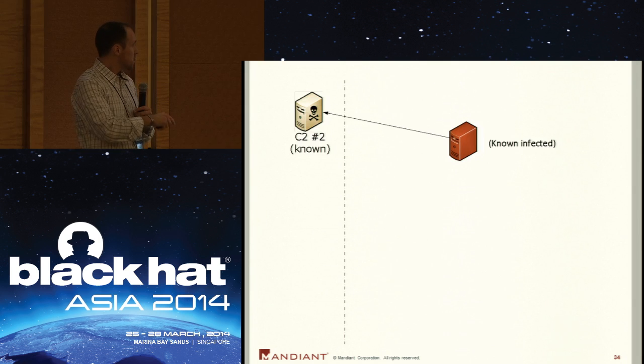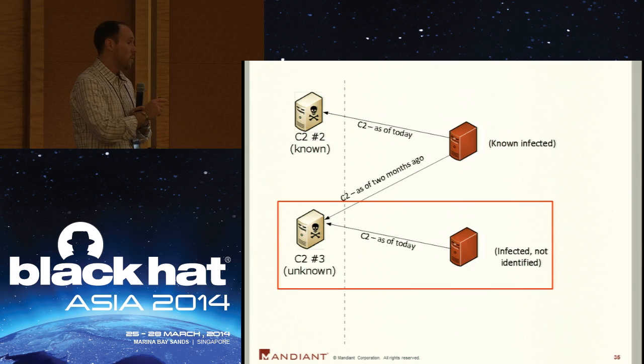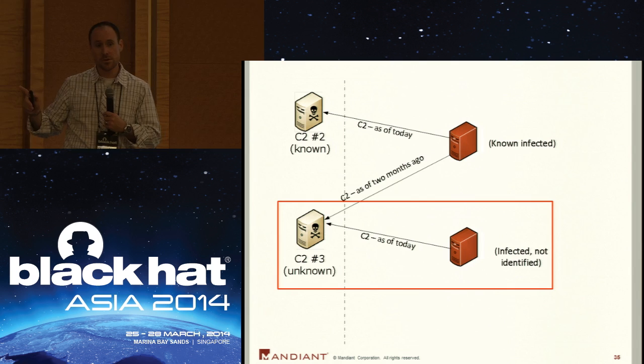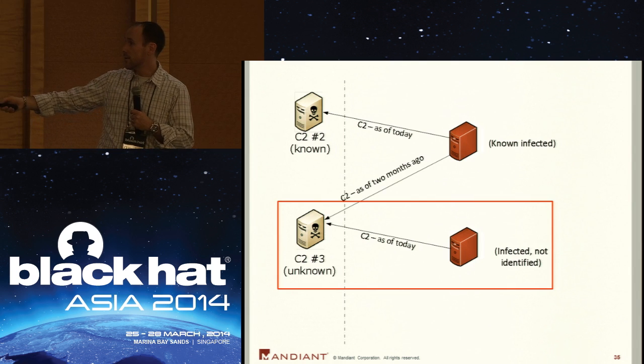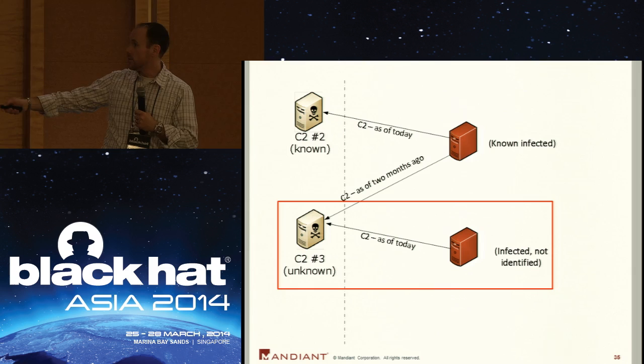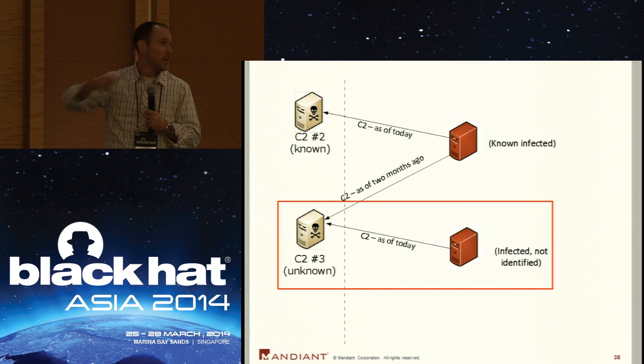So this system is known to be infected. This is that system that had the backdoor changed to another IP. So it's going to C2 number 2, which you know about. But what if I told you next that that information was 2 months old? So the attacker, 2 months ago, had this backdoor pointing to C2 number 3.